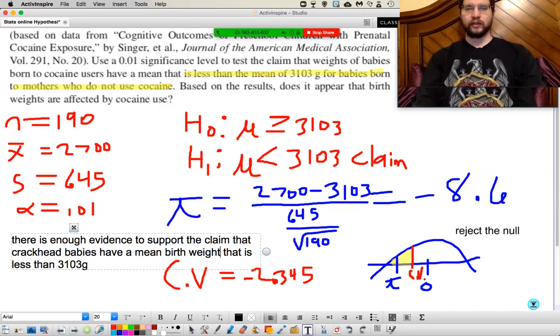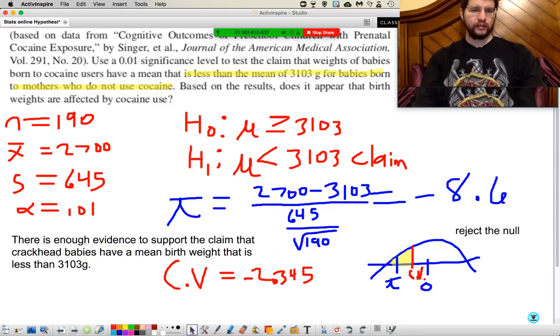Based on the results, does it appear that birth weights are affected by cocaine use? Yes, they have lighter babies. That's not a good thing. I'm sure politically speaking I should not use that word, but whatever.